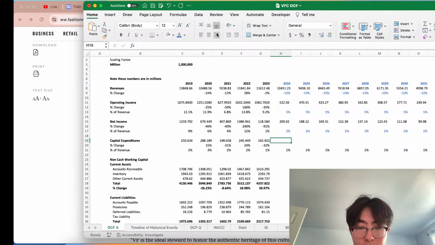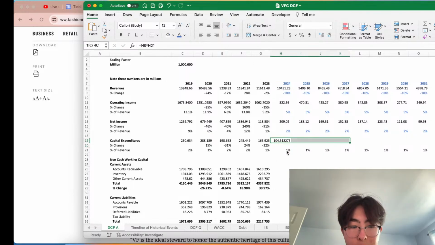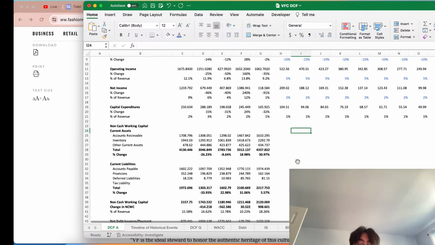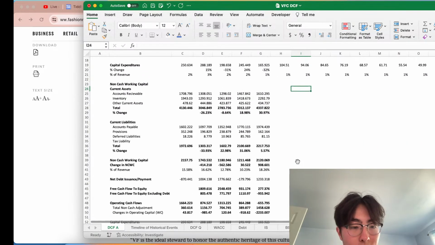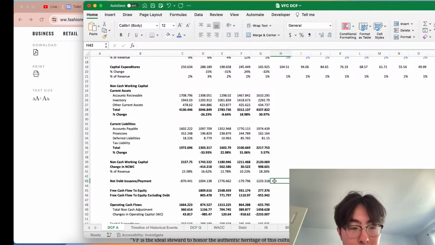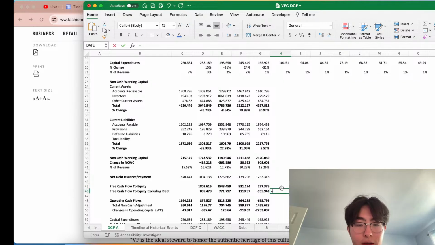Then we have equal to revenues times. Non-cash working capital. All right, let's not even try to forecast the changes in non-cash working capital. And let's just assume that free cash flow to equity excluding debt.